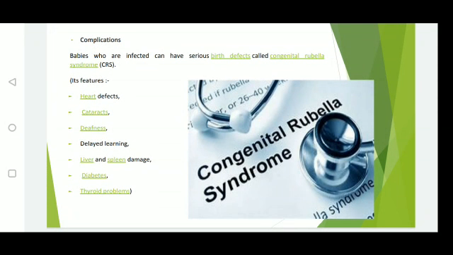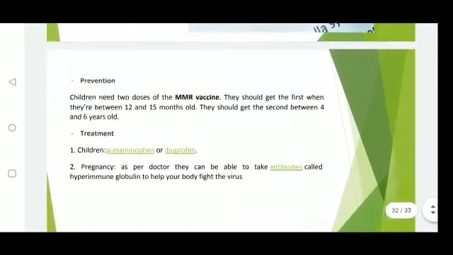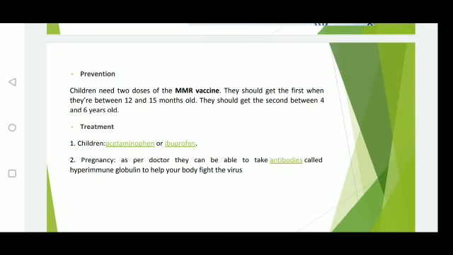We call it congenital rubella syndrome, CRS. It has clinical features of heart defect, cataract, deafness, delayed learning, liver and spleen damage, diabetes, thyroid problems and so on. We can prevent it by administering the MMR vaccination.